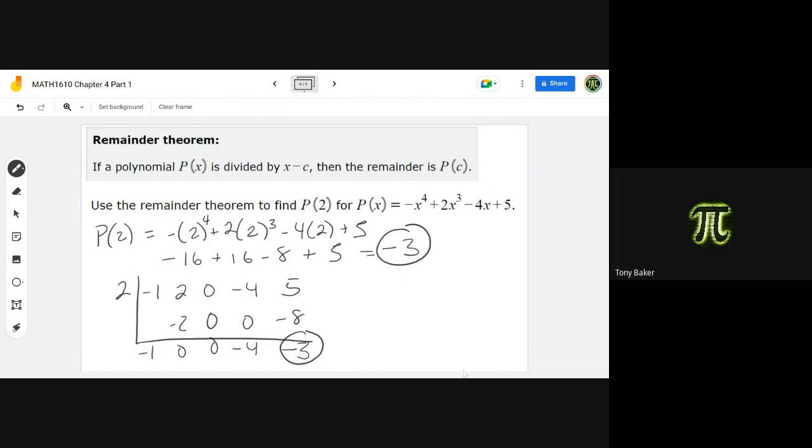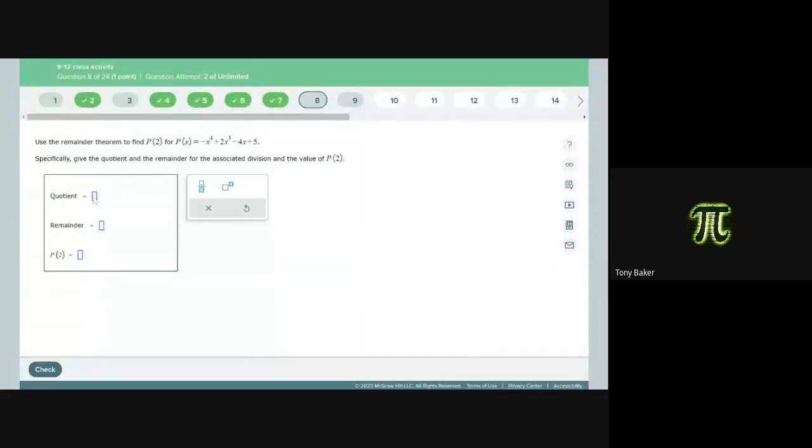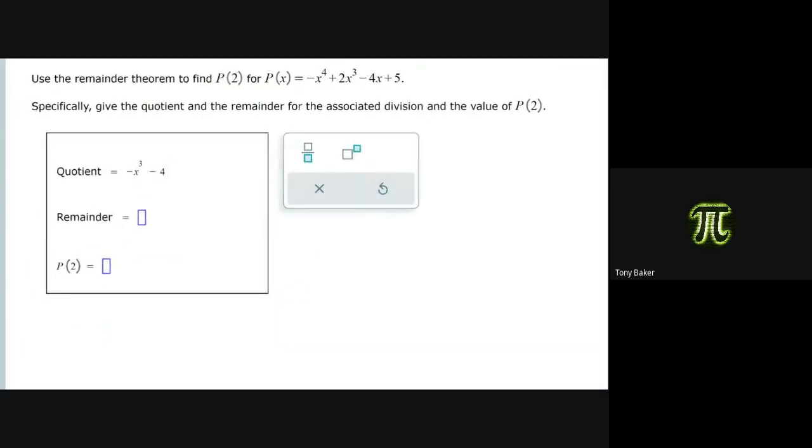All right, so when we're looking at this now, Alex wants to make sure that you've done the synthetic division. So it asks you for the quotient and the remainder, where typically when you're doing the remainder theorem, you wouldn't need that information. So when you're writing this out, the quotient, exactly what you just said, would be negative x to the 3rd plus 4, minus 4, minus 4. And then my remainder was negative 3.